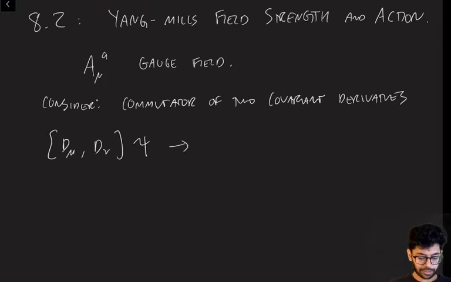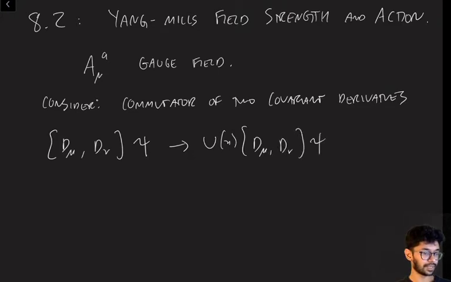Well, if we consider a gauge transformation of this, we know that by construction D nu psi transforms with a factor of U, and so does D mu psi. And so we just get an overall factor out front of U of x times the commutator of D mu, D nu on psi. And now, again, just as before, it turns out that this thing is just equal to a linear operator acting on psi with no derivatives.